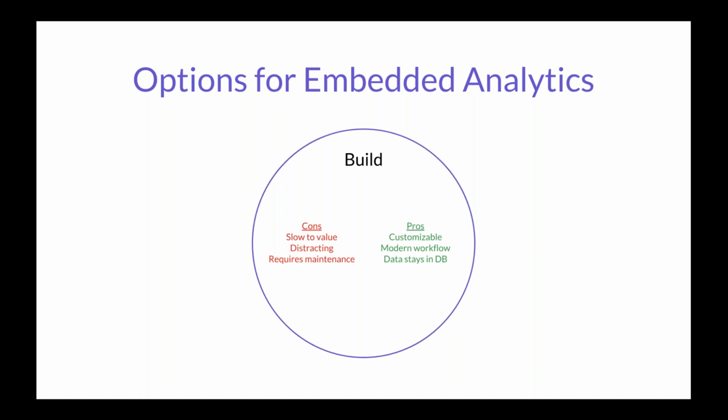Now, the cons are pretty significant, I would say. One is that it's slow to value. And particularly if this is a new product line, something that you don't have an established customer base for, and you're hoping to upsell it or use it to make your product stickier. As Sam and Jessica said, it's been a process to roll out version 1, get feedback, make changes, get feedback, make changes.